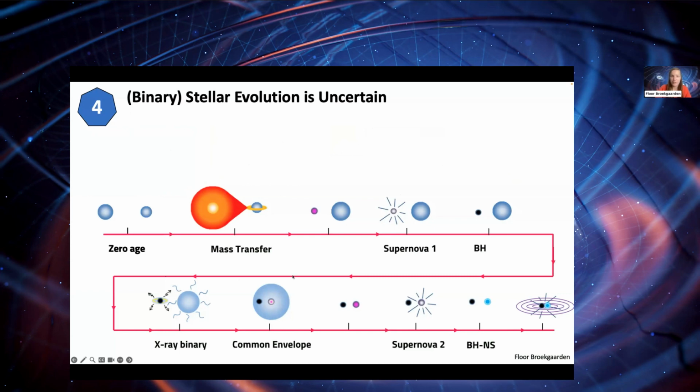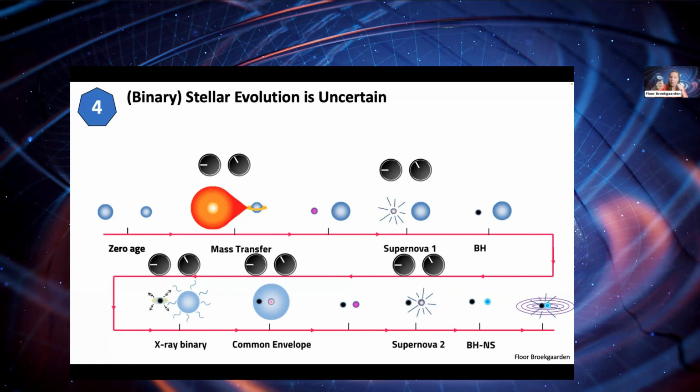So I showed you this evolutionary path of one of the formation channels before. But one thing that's important to realize is that there are all these different phases, mass transfer, supernova, and much of the underlying physics of these stellar evolution phases is highly uncertain. And so in practice, what we need to do is to model this uncertainty. This often comes down to putting knobs for these different phases.